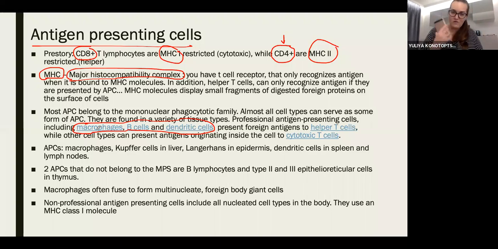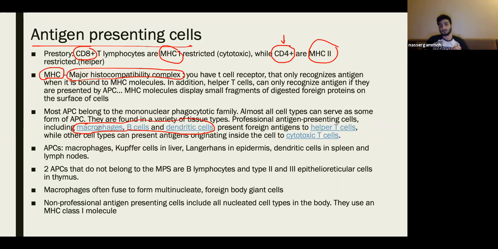I have engulfed just one. I don't think I can do this on my own. I don't think I can engulf all of them. So what do I do? I take a little piece, just the antigen of this bacteria, and I put it into my hand. What is my hand?